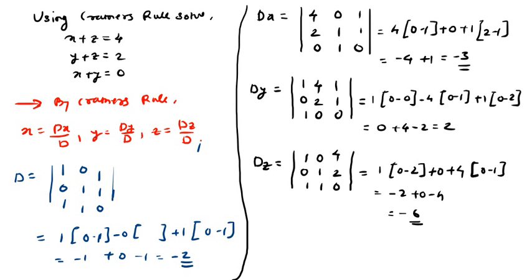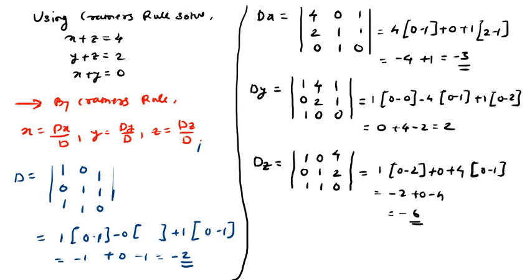So we got D equal to minus 2, and dx, dy and dz are minus 3, 2 and minus 6.